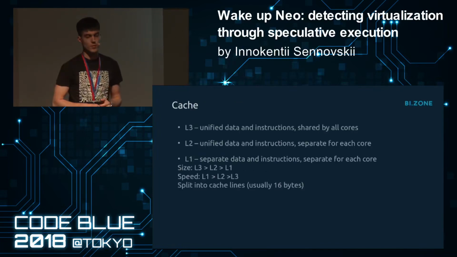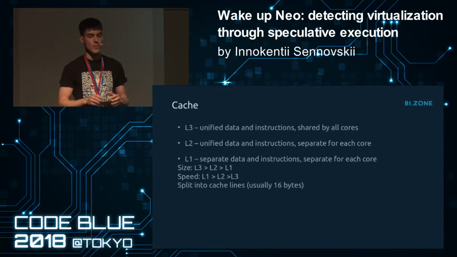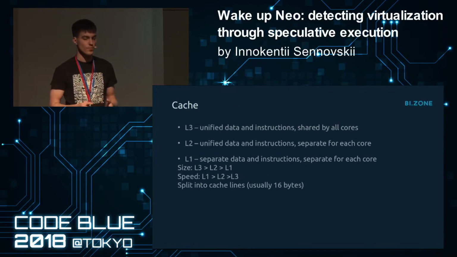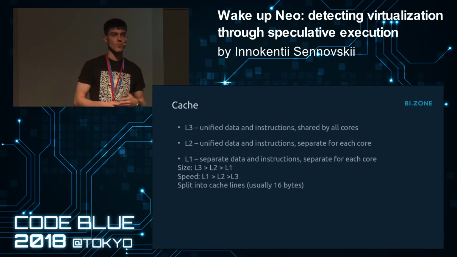Cache is a mechanism created to decrease the number of memory accesses from the CPU. Basically, what it does is save data from previous accesses on the CPU so that the next time it doesn't have to go through to RAM, get the data, and retrieve it back to the CPU.